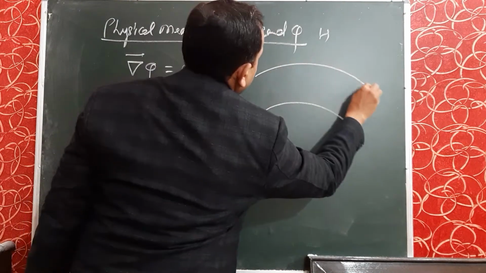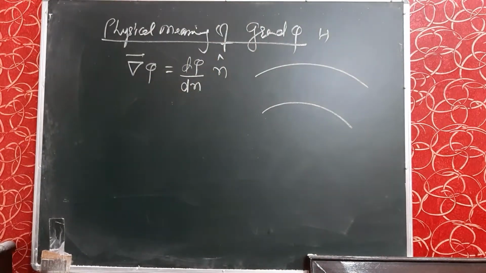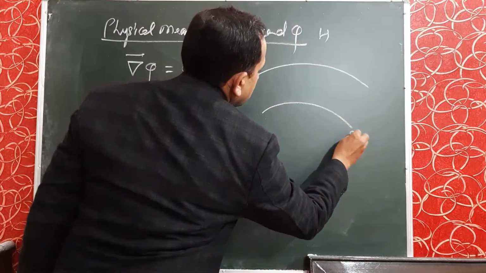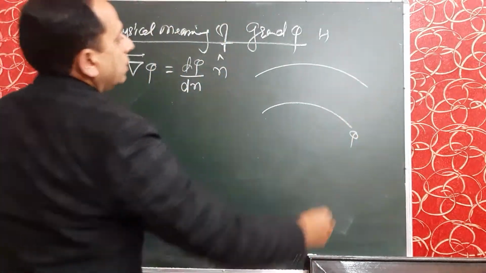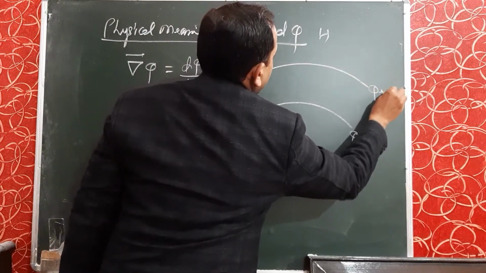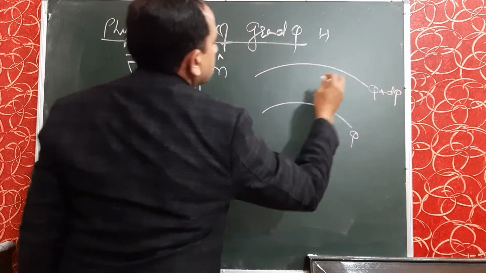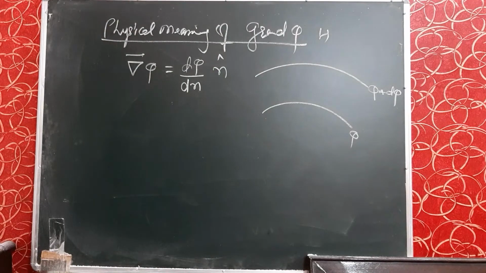just like any scalar function, let it be phi. Here on the surface the flux is phi, and at this surface the flux is phi plus d phi. So there is a small change in flux.